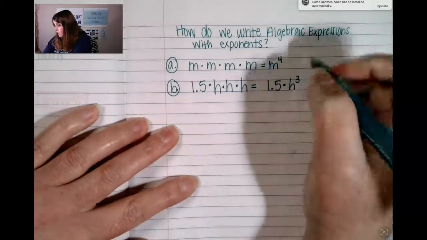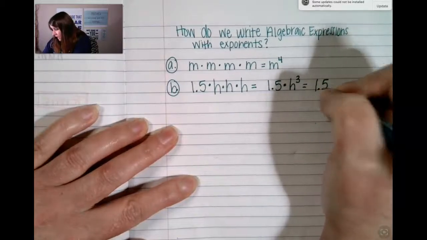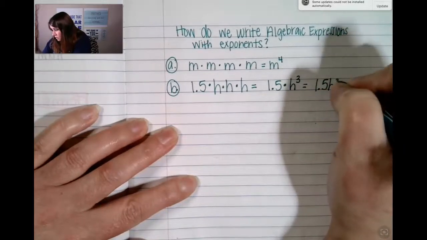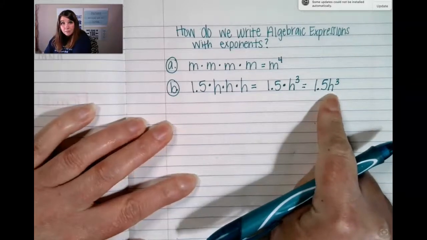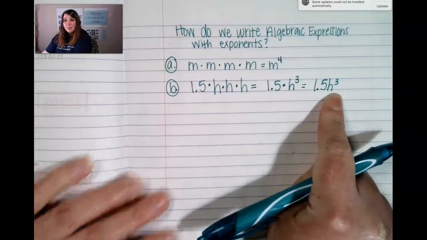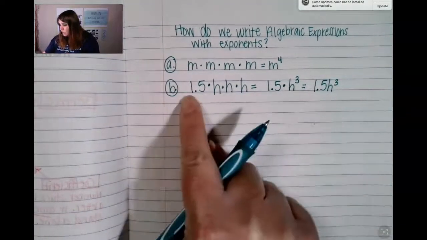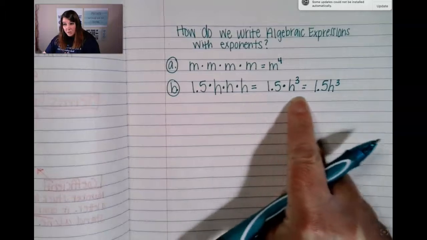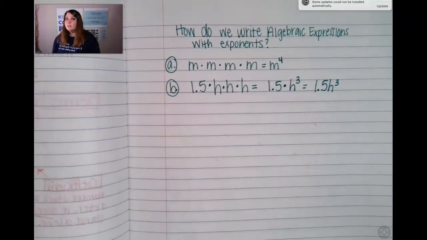We can get rid of this, and we can squish this down and make it 1.5H to the 3rd, because that means multiplication. Look how much simpler and neater that is. We took it from something really big and long to something small and compact. We're organizers. That's what we do.